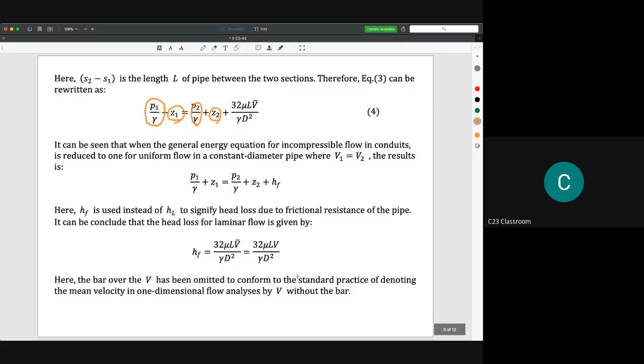So if we neglect the value of Z and bring the P2 to the left hand side, we have P1 over gamma minus P2 over gamma equal to 32 mu L V over gamma D square. If we bring this value to the right hand side, we could cancel with this value. Now you could see it will become P1 minus P2.